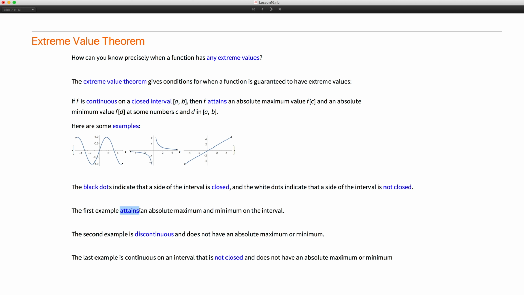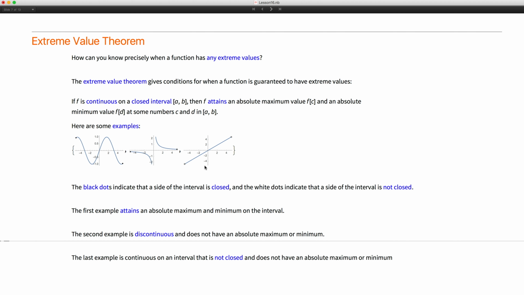On the other hand, the second example is not in the scope of the discussion today because you have over here a function which is not continuous. You can see over here that it's got a break in the graph. So the theorem does not apply, and you do not need to worry about whether there are absolute maxima or minima. But of course, in this case, you actually do not have them because the function seems to go off to minus infinity over here and plus infinity over there.